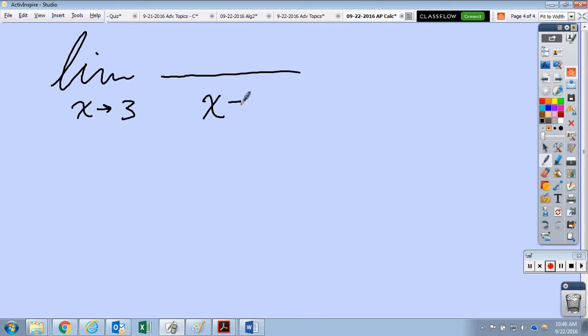So for here, if you were to find the limit as x approaches 3, you would just plug in 3?